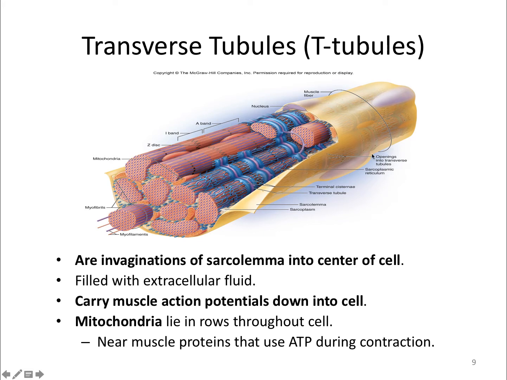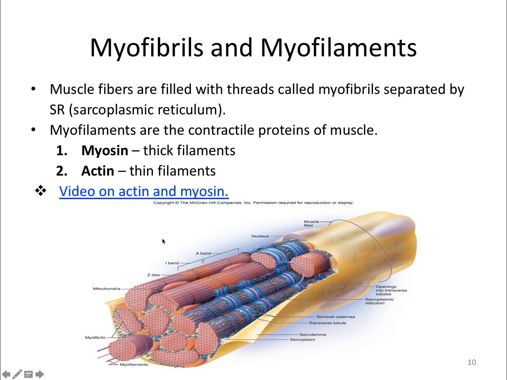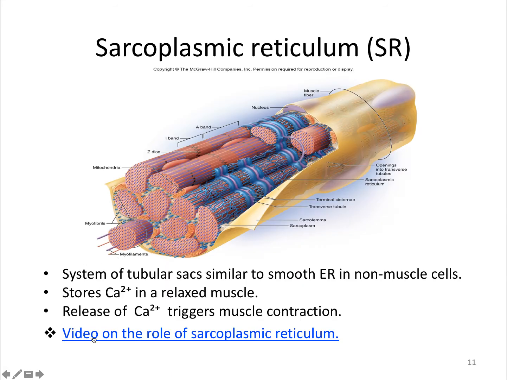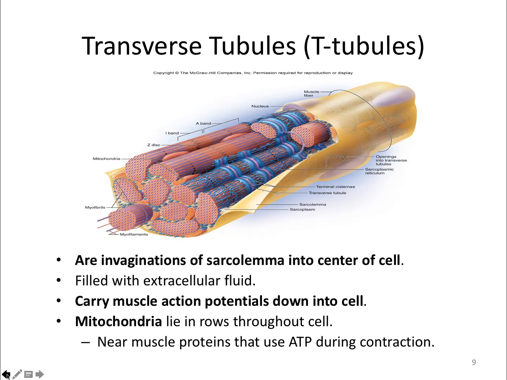Okay, so within the skeletal muscle cell, in this picture, the sarcolemma is yellow. Have I lost my pen capabilities? Yes, I have. Like I said, still getting the hang of this. Okay, so we have transverse tubules or T-tubules.